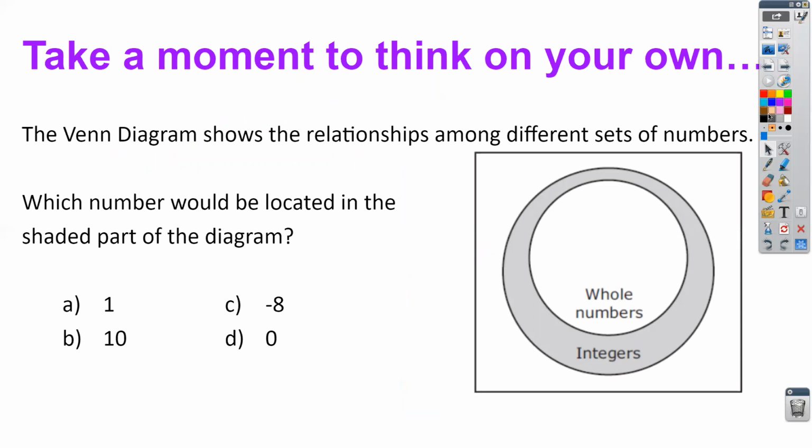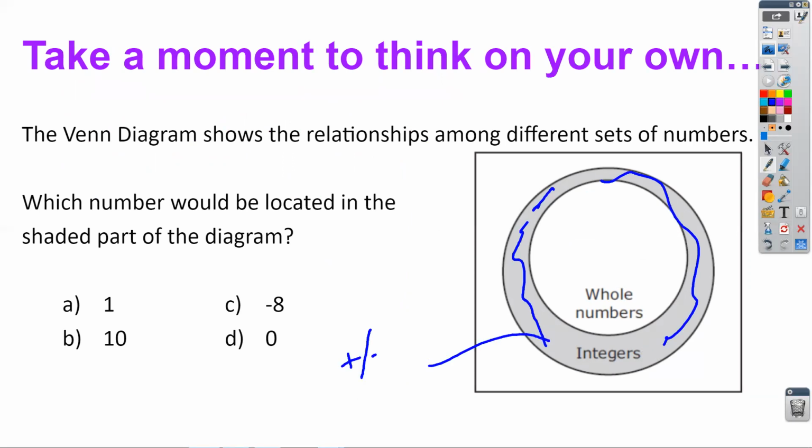So real quick, just to kind of review again from Wednesday, it says the Venn diagram shows the relationships between whole numbers and integers. Which number would be located in the shaded part? Well, the shaded part is the integers. And remember, integers are positive and negative whole numbers. So which number would be located in the shaded?